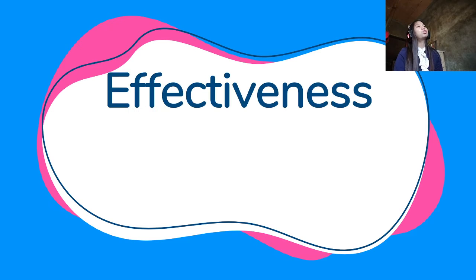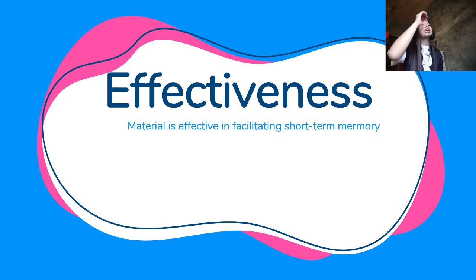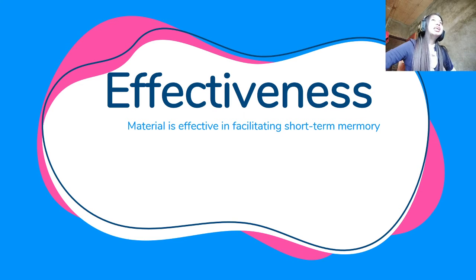Okay, so let's go to the sixth, the effectiveness. How effective is your instructional material? Okay, the material is effective in facilitating short-term memory. Okay, so the material should be good in assessing the short-term memory of the learner.